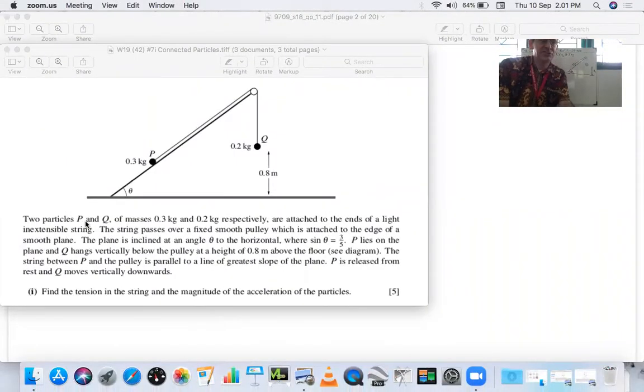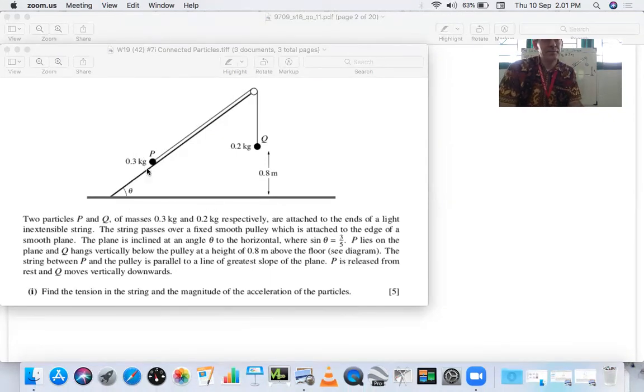It says two particles, P and Q, masses 0.3 kilograms and 0.2 kilograms respectively, are attached to the ends of a light extensible string. The string passes over a fixed smooth pulley, which is attached to the edge of a smooth plane. The plane is inclined at an angle of theta to the horizontal, where sine theta equals 3/5.